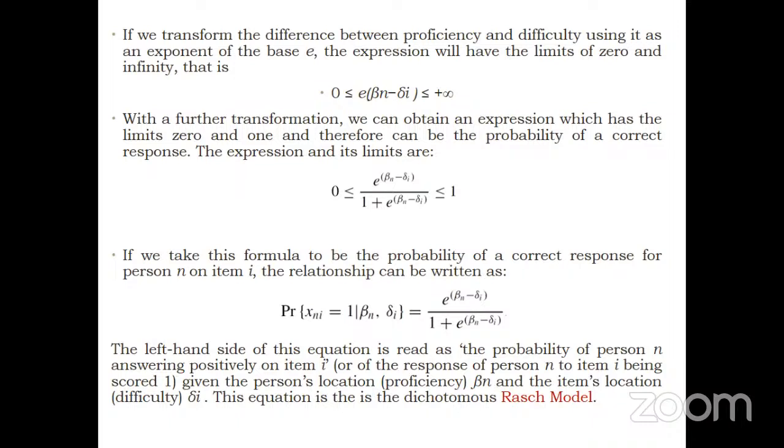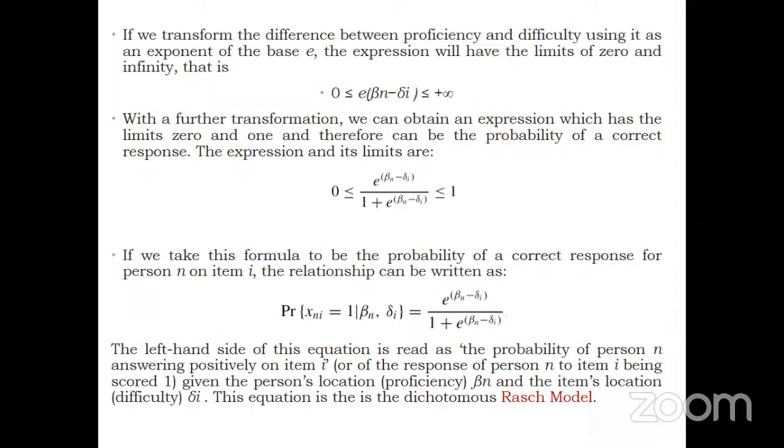So if we take this formula to be the probability of a correct response for person n on item i, the relationship can be written as the probability of giving a correct response, given the person's location and the item's location to be beta n and delta i, is equal to e to the power beta n minus delta i divided by 1 plus e to the power beta n minus delta i. This is the standard equation that you will see everywhere, which denotes the dichotomous Rasch model.